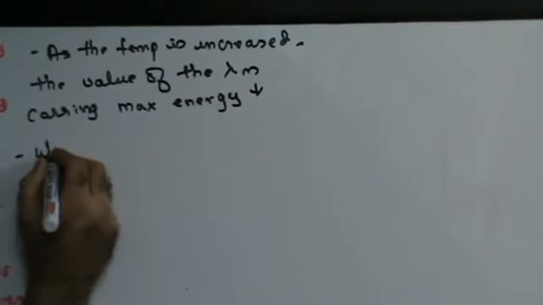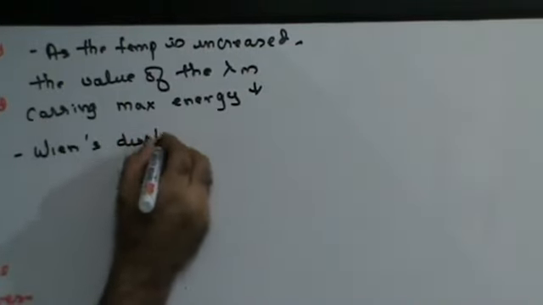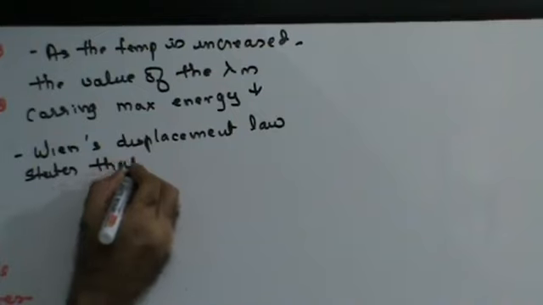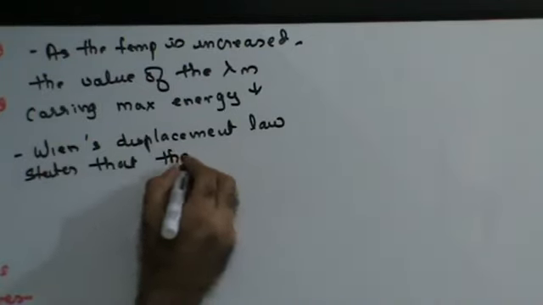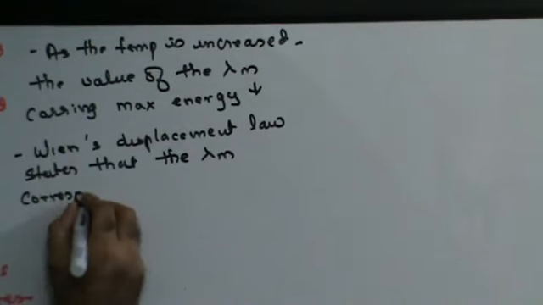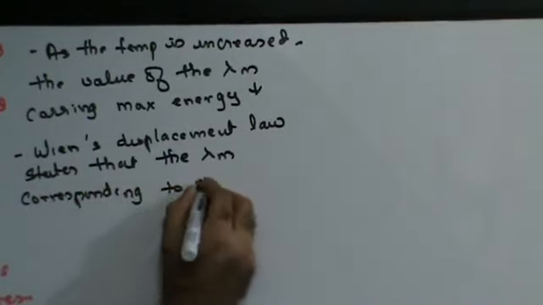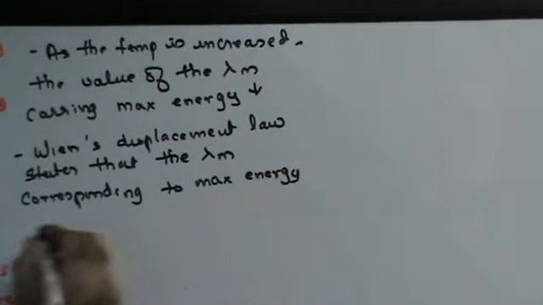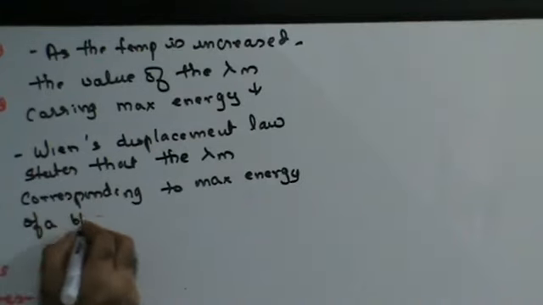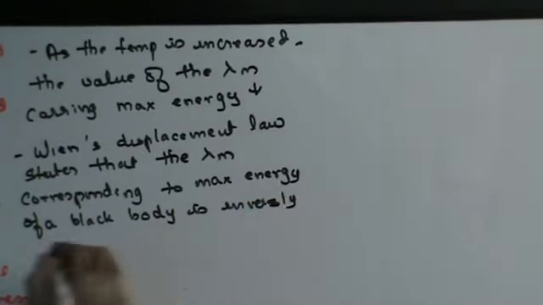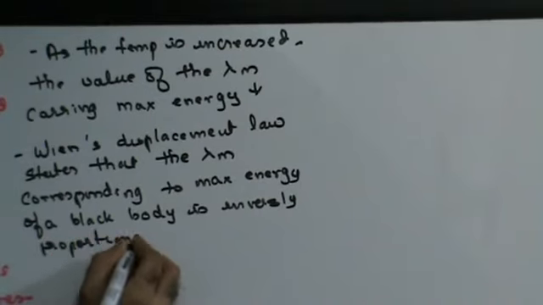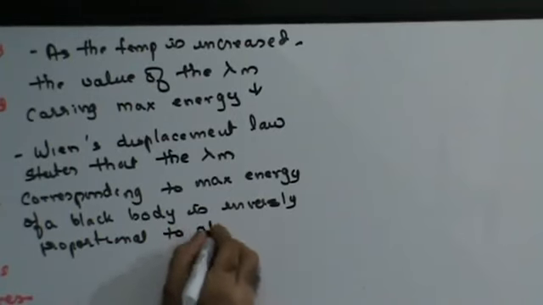So Wien's displacement law states that the wavelength corresponding to maximum energy of a black body is inversely proportional to absolute temperature.